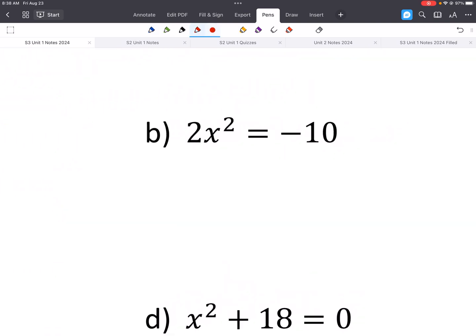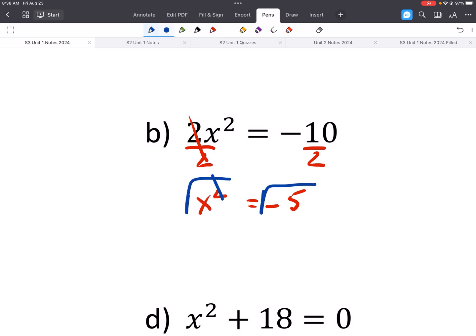Same sort of step. Divide. We'll get negative 5. We'll square root, just the same. But here this is a little different. When we have a square root with a negative inside, again, that will give you an imaginary. So here we'll get plus or minus i square root of 5. All right, on your homework, you'll need to separate those with a comma.